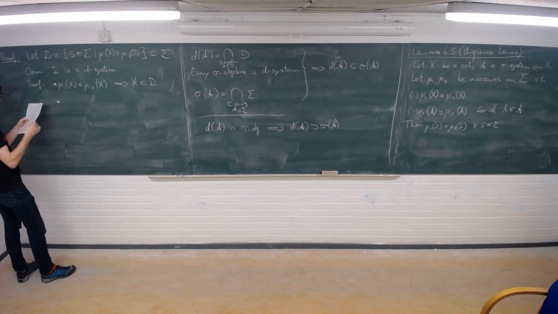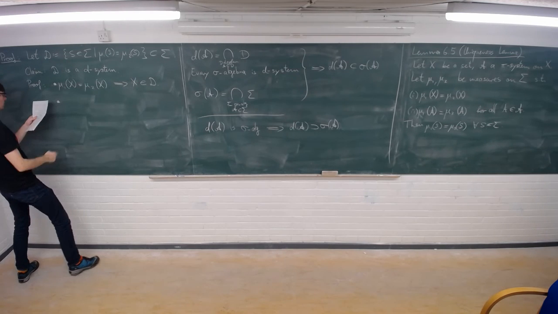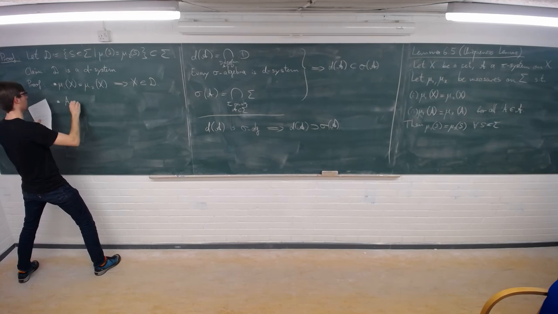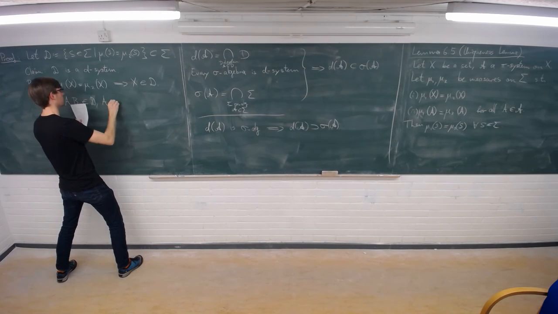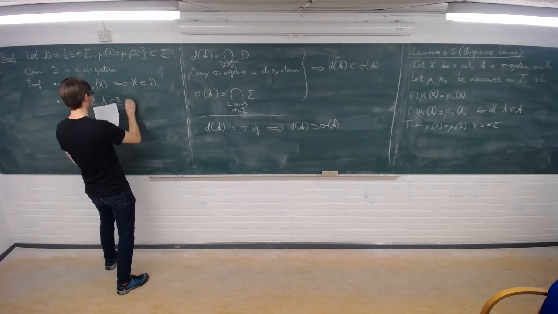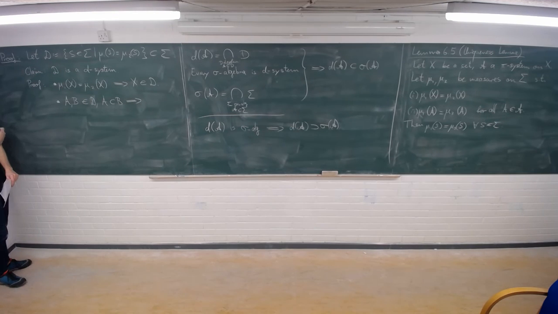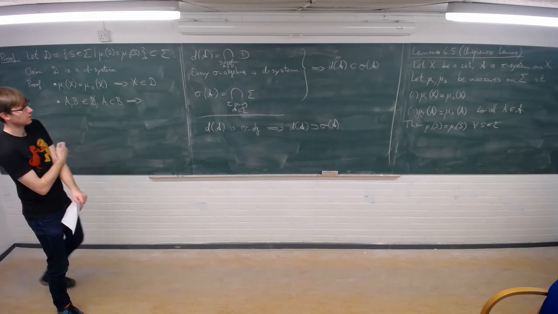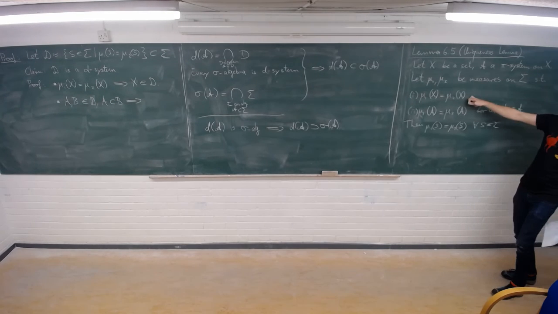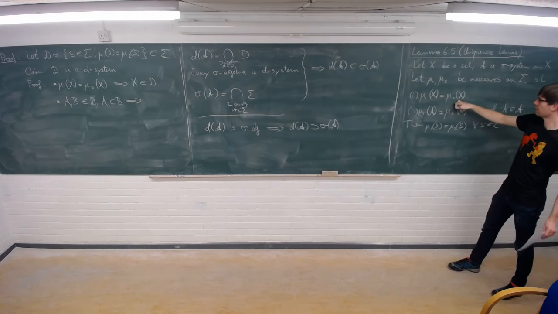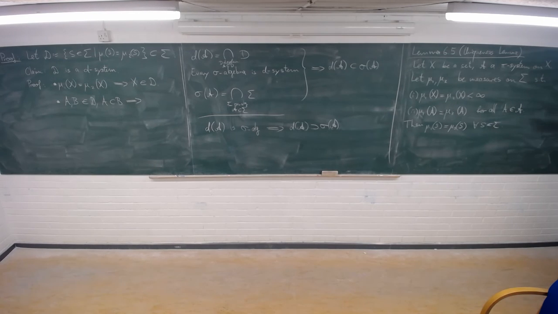Second, we have to show that the difference between two sets of D is in D again. More precisely, if A and B are in D, and A is a subset of B, then B minus A has to be an element of D again. Oh, I forgot one important assumption. In this theorem, mu1 of X and mu2 of X have to be equal, and they both have to be finite. Sorry, this is important.